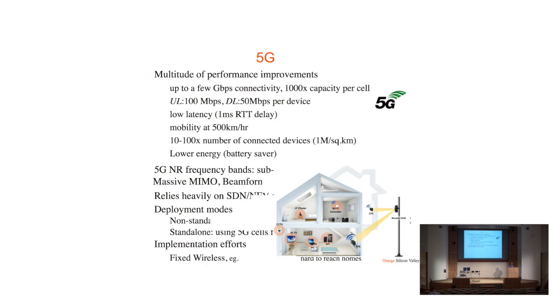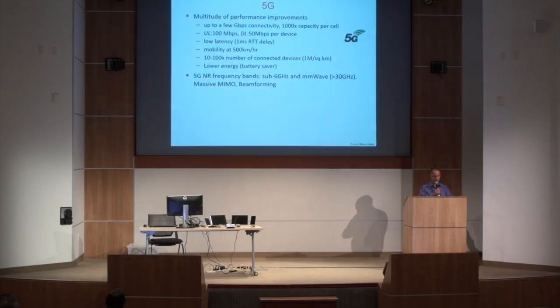It can support, in terms of uplink, up to 100 megabits per second and downlink 50 megabits per second per device. It's going to be much, much denser than today's 4G cells, so we'll be able to support more devices per square mile. And that includes also the IoT devices, and it's supposed to be also a huge battery saver.